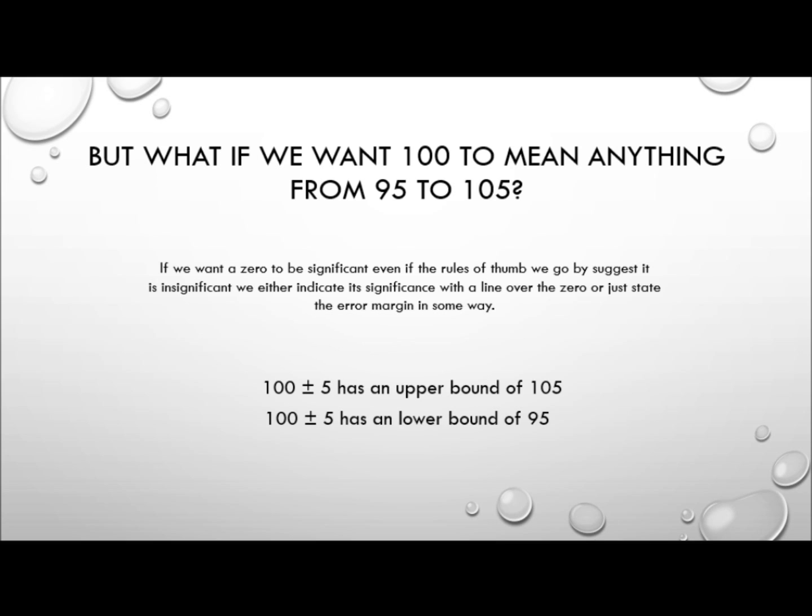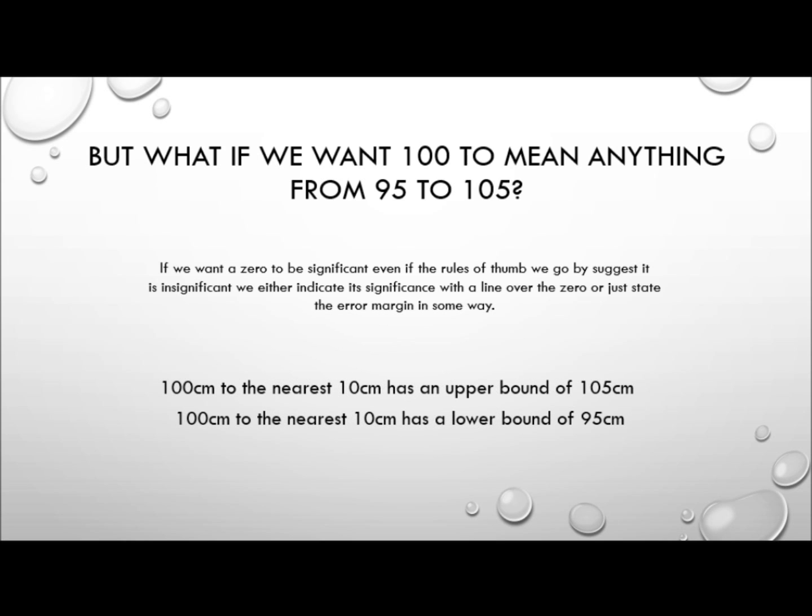Another way we can show it is to actually give the error bounds with the plus or minus sign. So 100 plus or minus 5 has an upper bound of 105 and a lower bound of 95. Another way we can say it is to the nearest measurement.